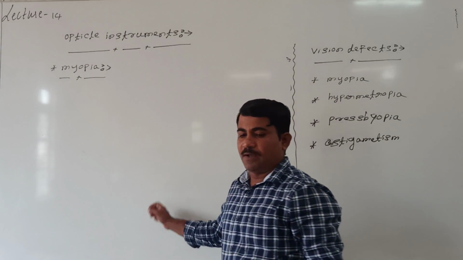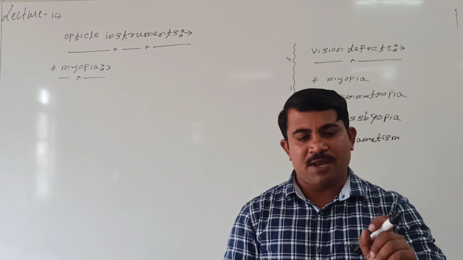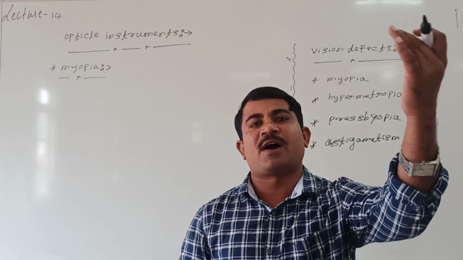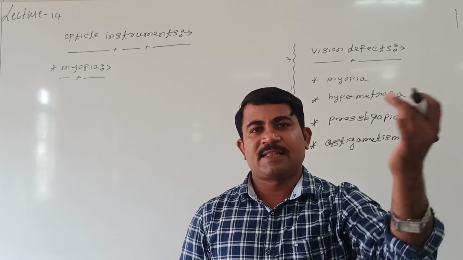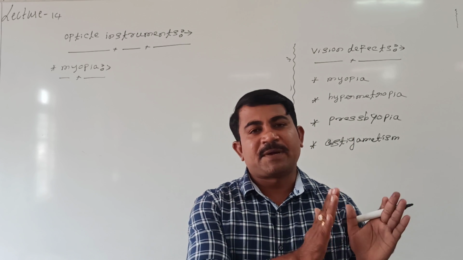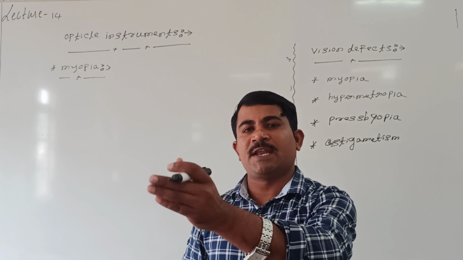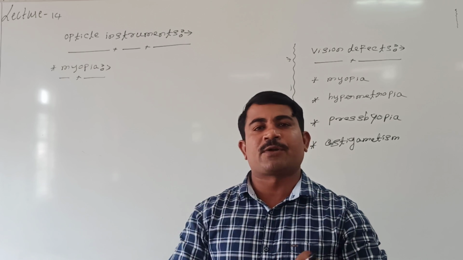Myopia means the person is able to see near objects but unable to see far objects clearly. That defect we are calling myopia. The person is unable to see far objects clearly but he can see near objects clearly. That defect we are calling myopia.